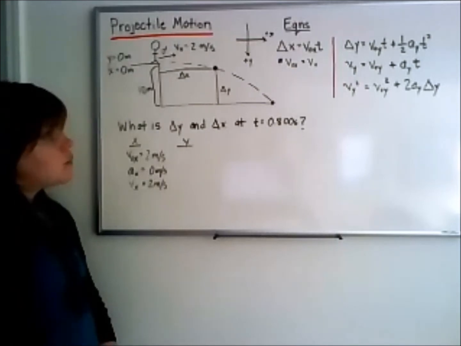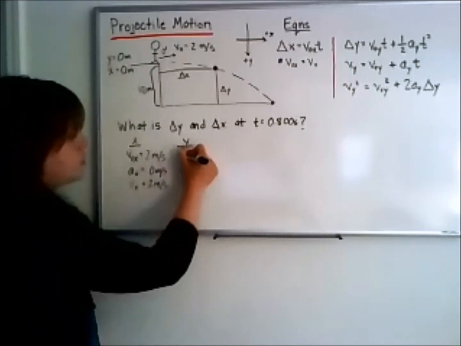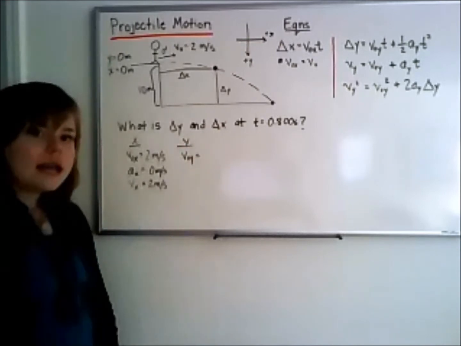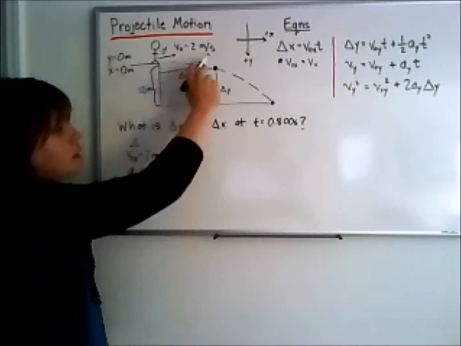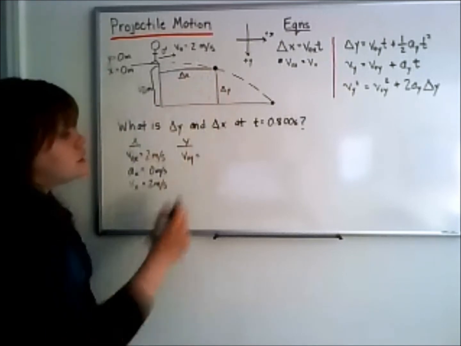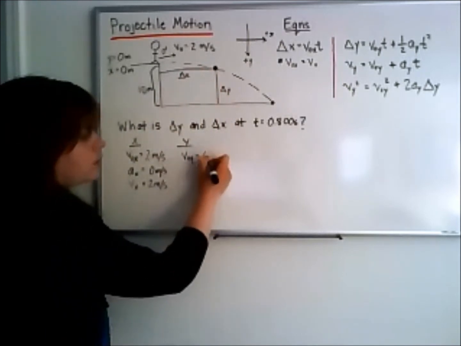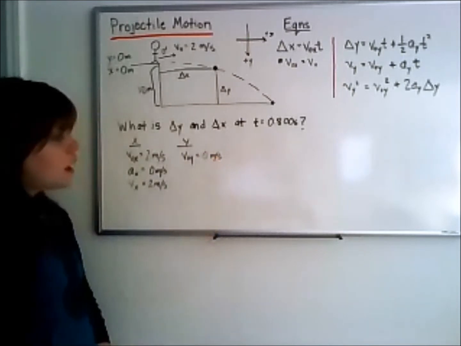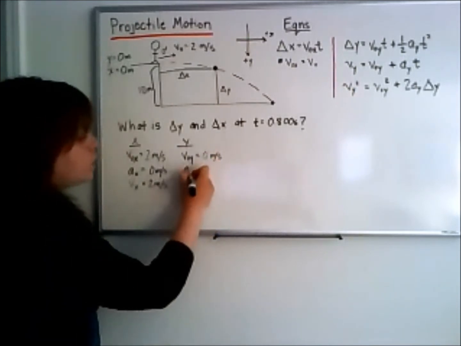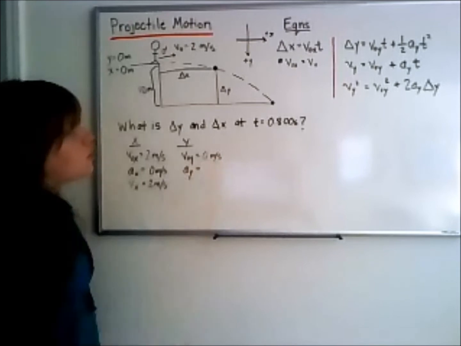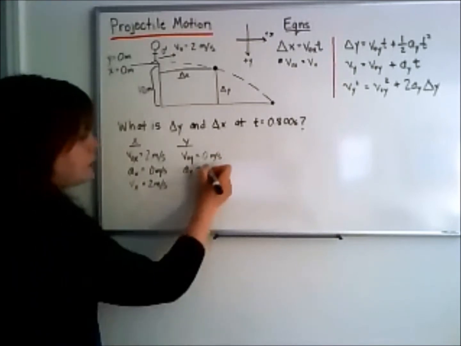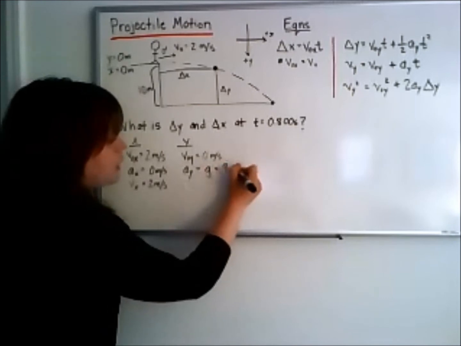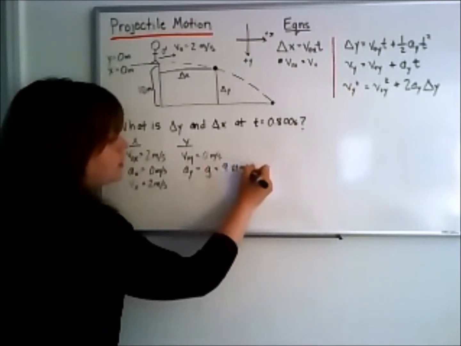Looking at the y direction, the up and down, our v naught y: again he has jumped off horizontally, meaning there's no initial velocity in the y direction, so that's 0 meters per second. And the acceleration in the y direction, which is constant, will simply be g, which is 9.81 meters per second squared.